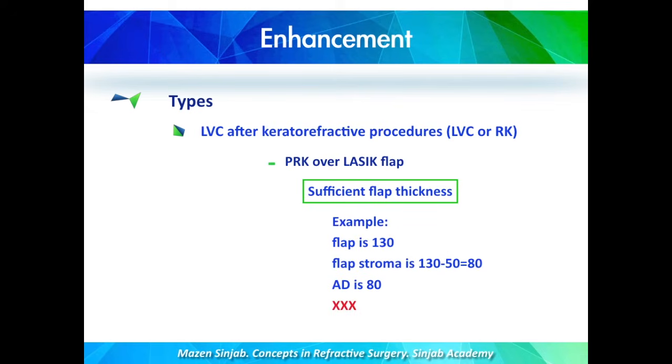For example, if the flap thickness was 130, the flap stroma is supposed to be 80 microns, and if the ablation depth is around 80 microns, we cannot do the treatment. This is another example. The flap thickness is 150, and the stroma of the flap is supposed to be 100. And if the ablation depth is 50 microns, we can proceed with the treatment.